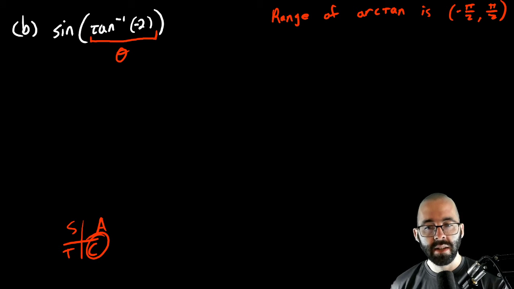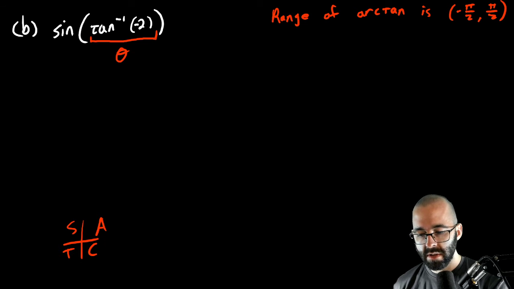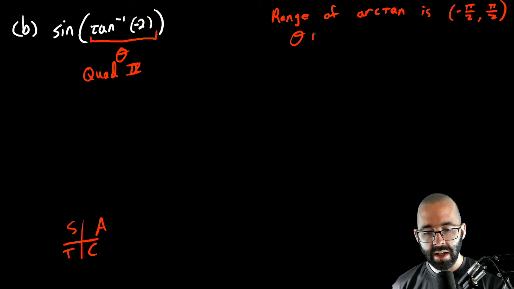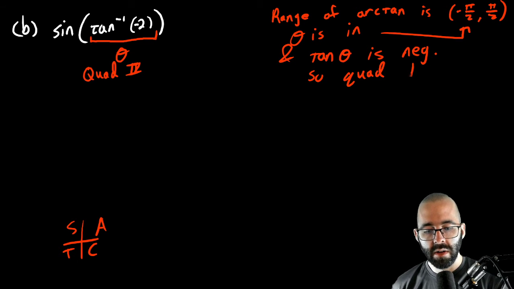Well, it has to be fourth quadrant. The reason is quadrant 4, because it has to be in this range and it has to be negative. Theta is in this range and tangent of theta is negative. That's how we chose quadrant 4.